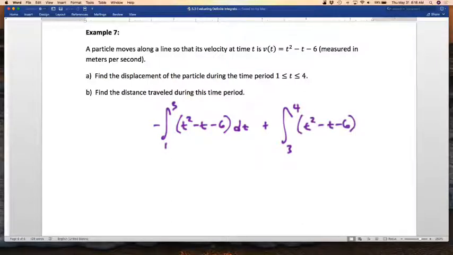So this does make the calculations a little more involved, but most of the work we've already done, because we know that the antiderivative of t squared minus t minus 6 is 1/3 t cubed minus 1/2 t squared minus 6t. That we've already calculated.